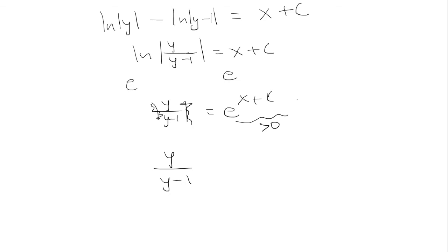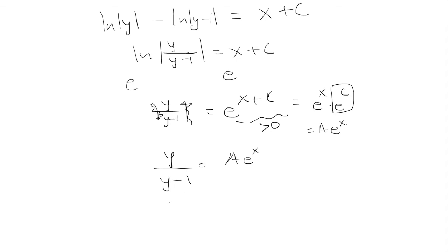And here, I can break up e^(x + c) as e^x times e^c, and this e^c is just a constant. So I'm going to call that a. So this is just a times e^x, where a is a constant. I'm going to choose to do this because it just makes things a lot nicer.